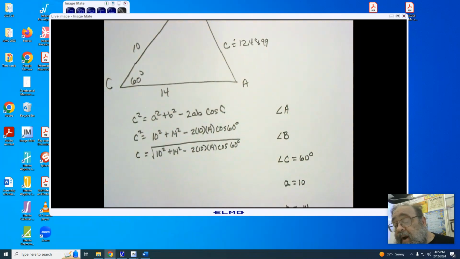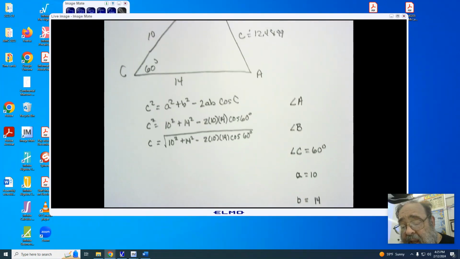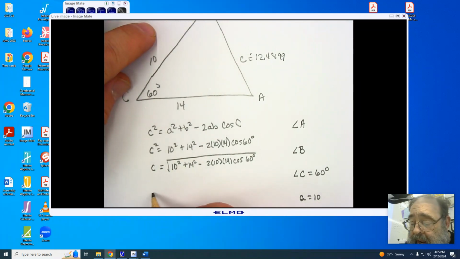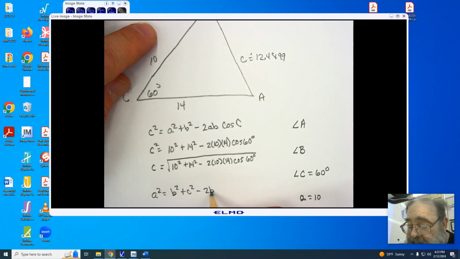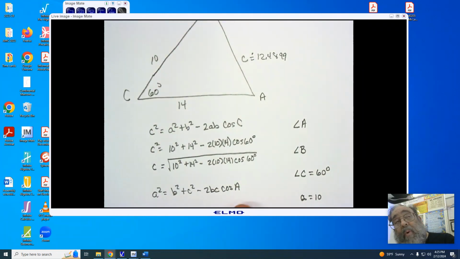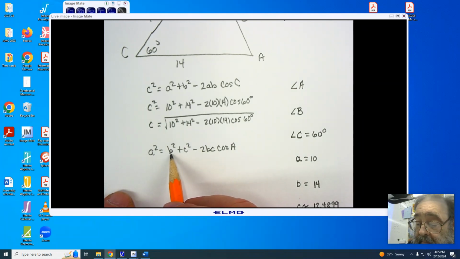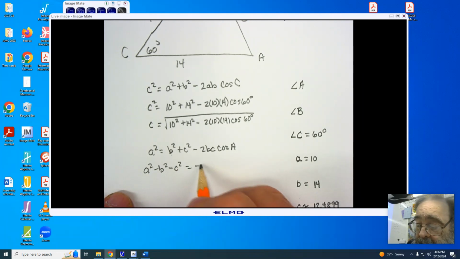Now, in order for us to find an angle, such as angle A, we're going to have to work backward. If I'm looking for angle A, I know that A squared equals B squared plus C squared minus 2BC cosine of angle A. That's what we want to solve for. I'm going to have to subtract B squared from both sides, so I have A squared minus B squared. I'm going to subtract C squared, and I'm going to have to get rid of that negative 2BC.